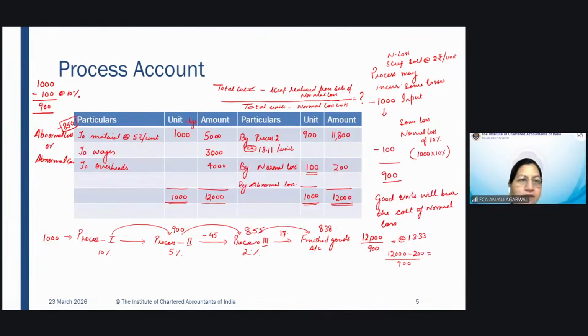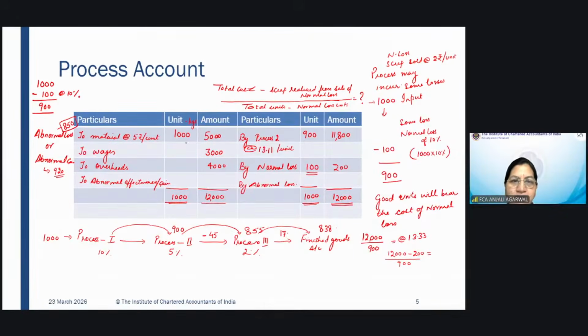And similarly, if we say that in the next process, 920 units have moved, then where do you have this extra 20 units? They will come to the debit side as abnormal gain. Abnormal gain may also be called abnormal effectiveness. It doesn't mean that some 20 units have come from some other place.